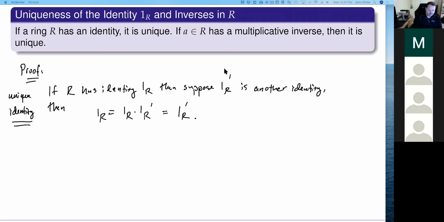To see that you have unique inverses, consider that you have two elements. Suppose that a times x is the identity for R and x times b is the identity for R. So this one's a left inverse and this one's a right inverse. I want to show that a has to be equal to b.